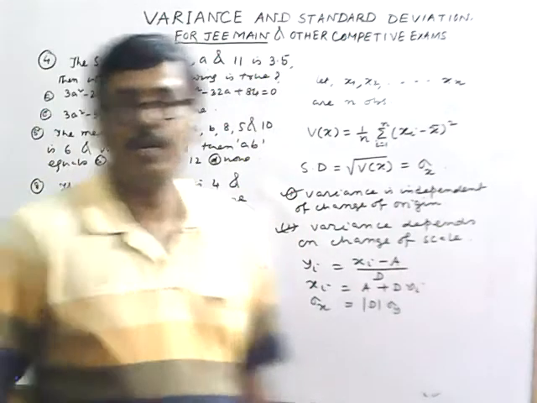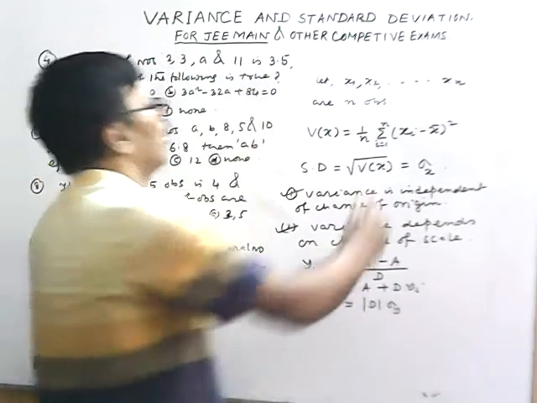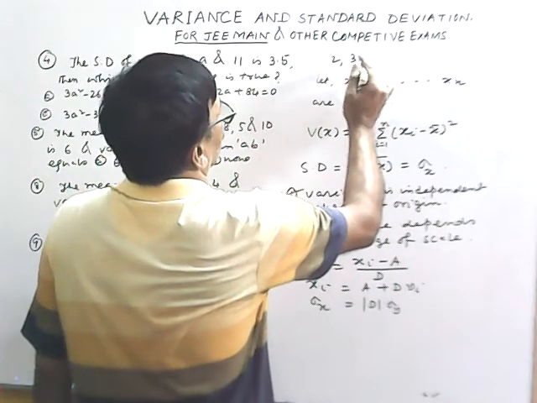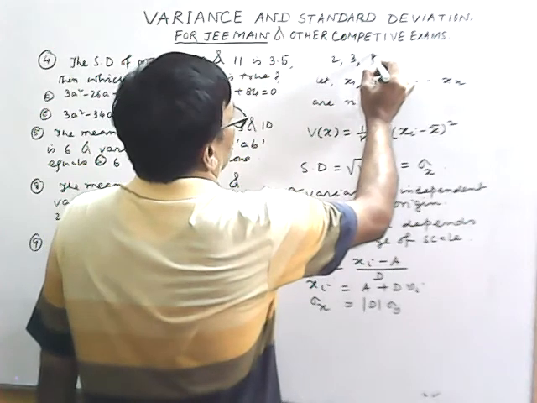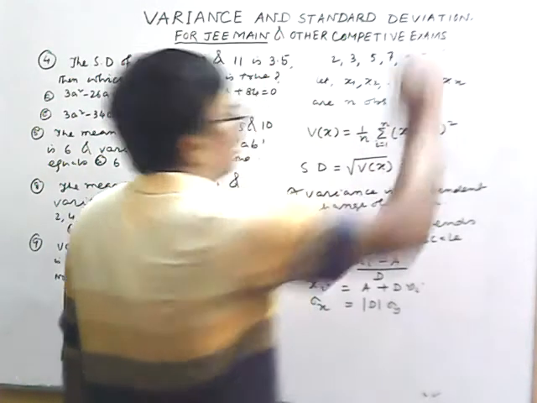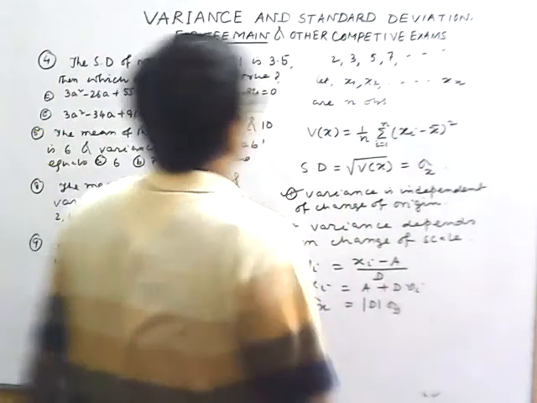JEE Main. Sometimes it is given that the observations are, suppose, 2, 3, 5, 7 and the standard deviation is 2.